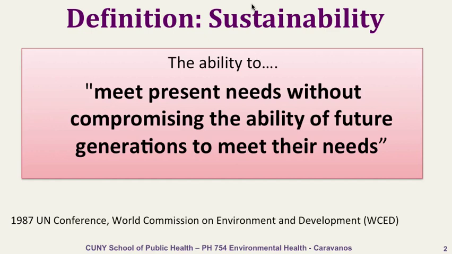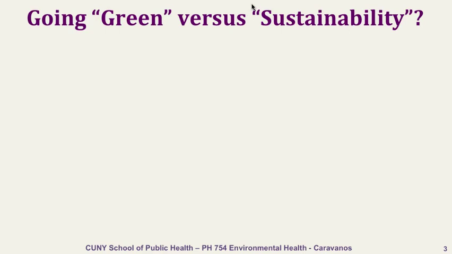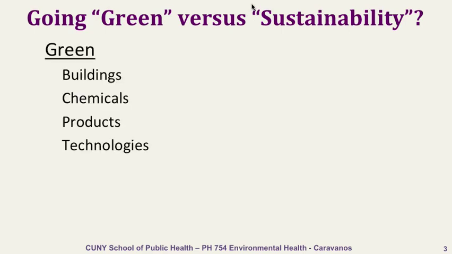Are they sustainable? But we also use the word green, and how does that relate to sustainability? The way I see it, we use the word green as a characteristic of buildings, chemicals, products, even technologies. Sometimes I see green as being low impact. Is it environmentally compatible?